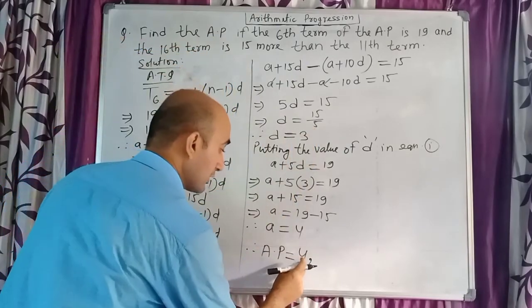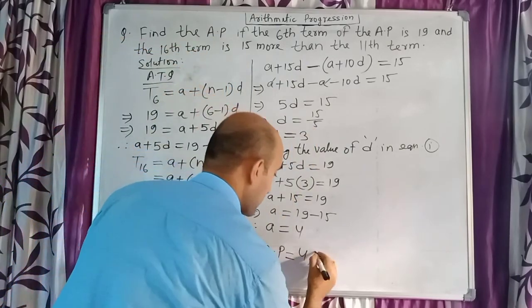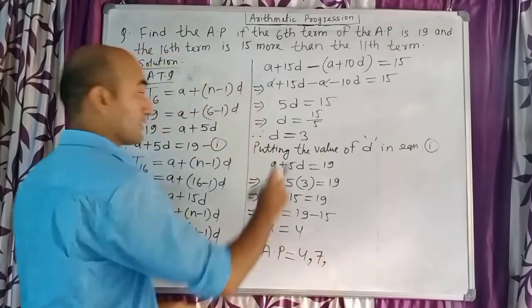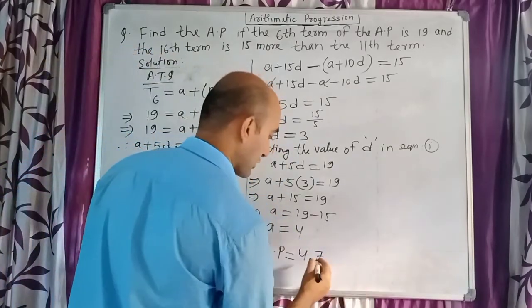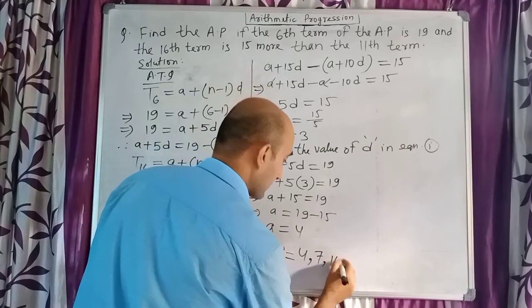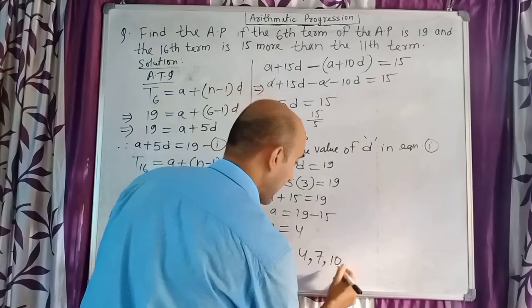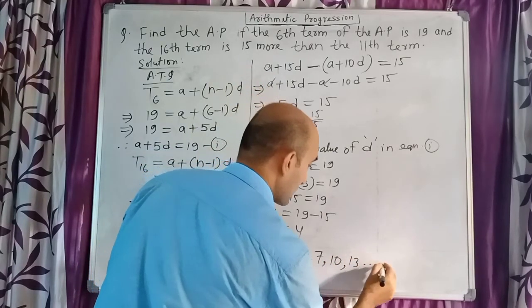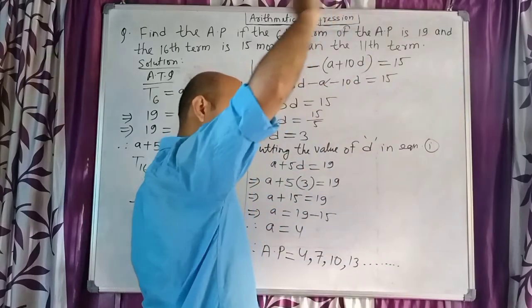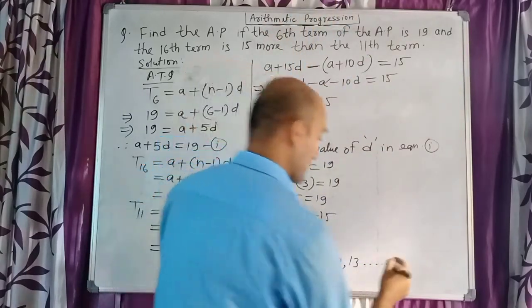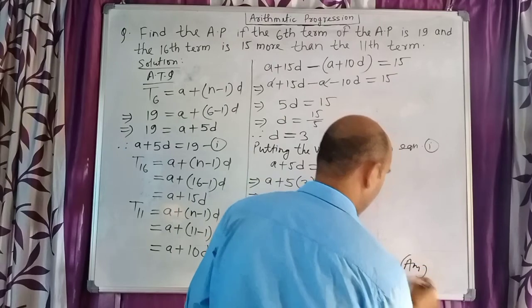That means you add 3 to 4, that means 4 plus 3 is 7. The common difference is the same in every interval. So again add 3, then the third term will be 10. Again add 3, 13. So it goes on. There is no end of it. This is the AP. So this is our answer.